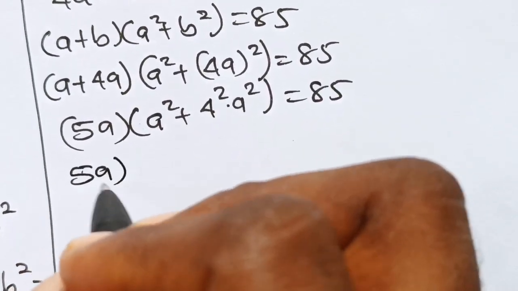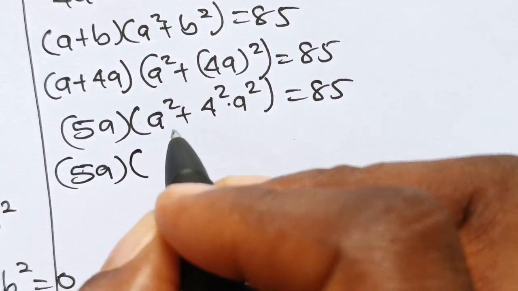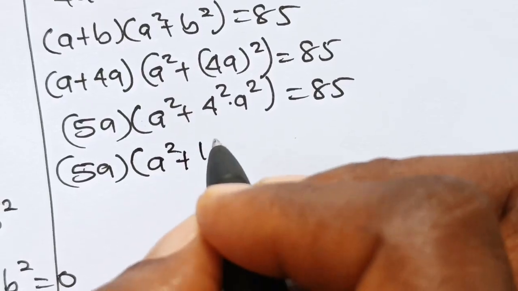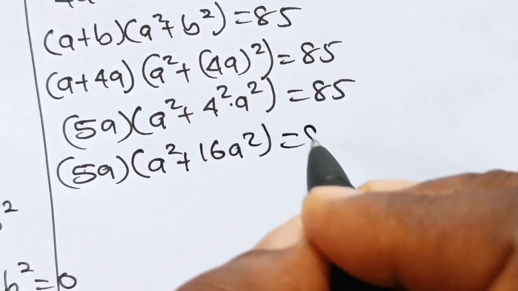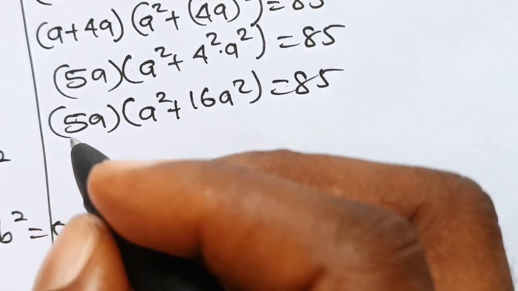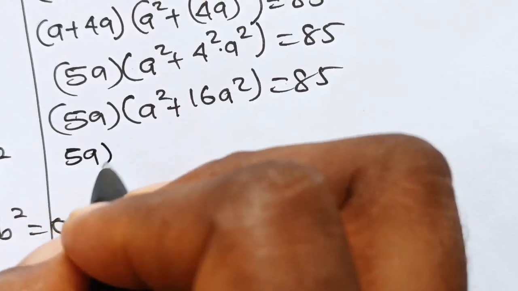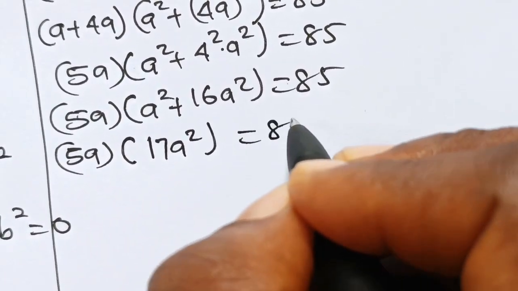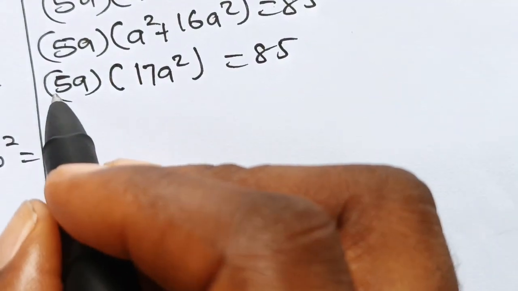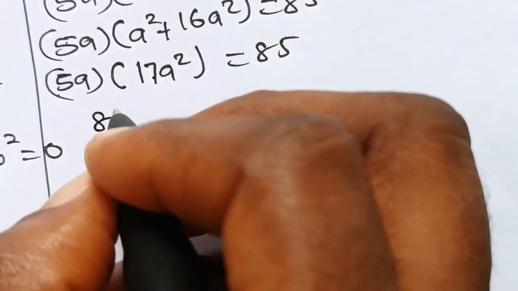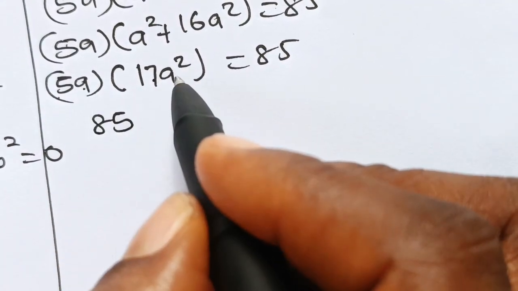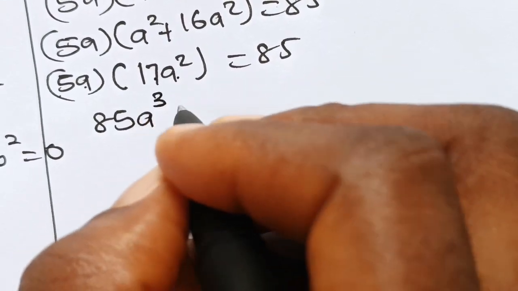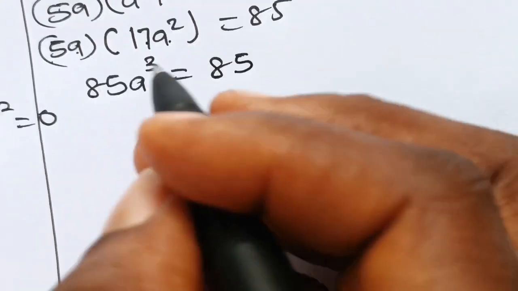So we have 5a multiplied by 17a² is equal to 85. So when 5 multiplies 17, we have 85. And when a multiplies a², we have a to the power of 3, is 85.